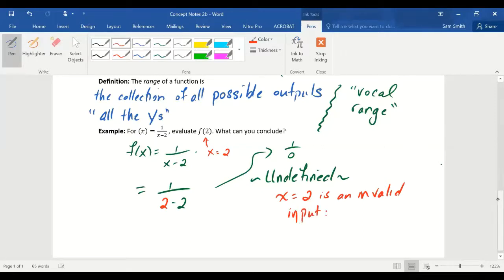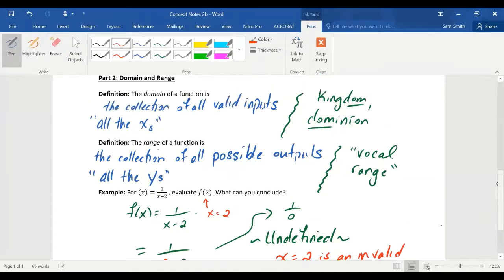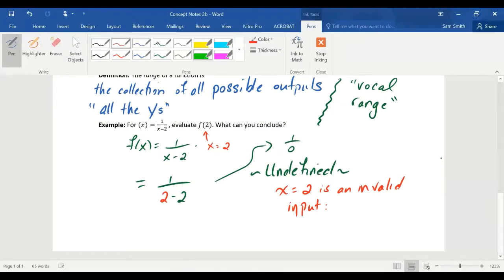Well, if x equals 2 is an invalid input, I would have to conclude that x equals 2 is not in the domain, because it's not an x value that I could plug in to this function.